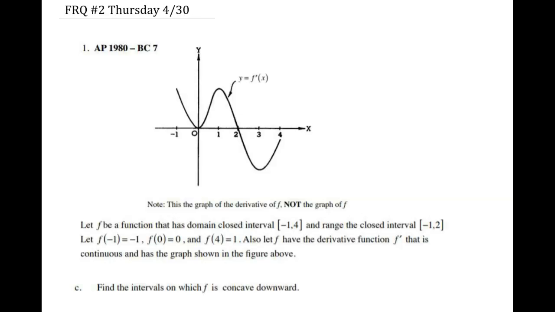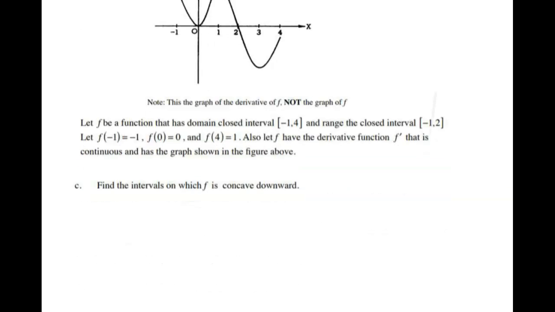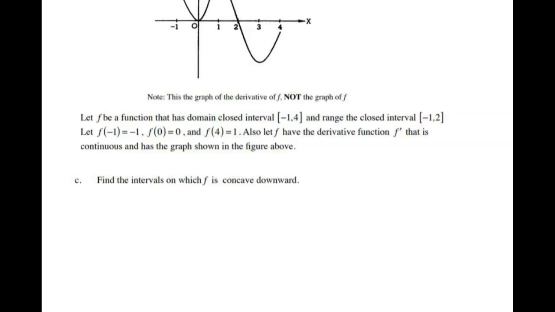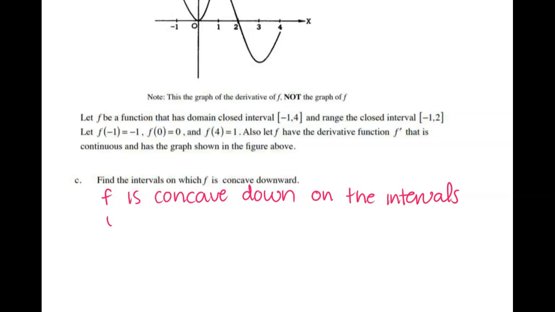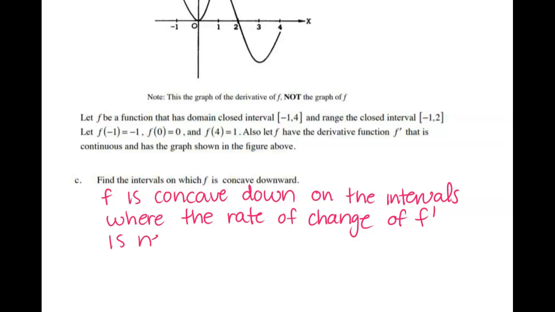Part C, we're looking for when f is concave downward. So f is concave down on the intervals where the rate of change of f prime is negative.